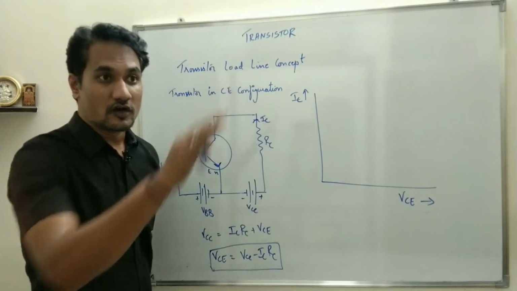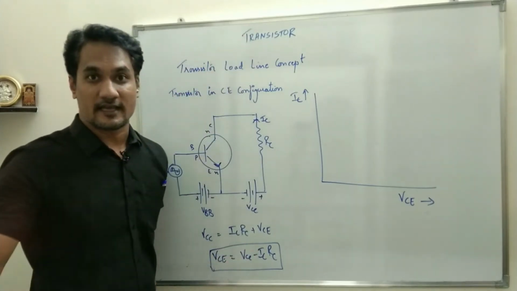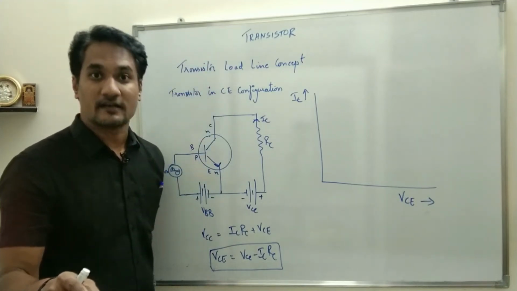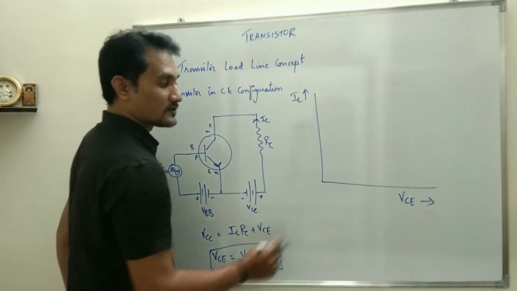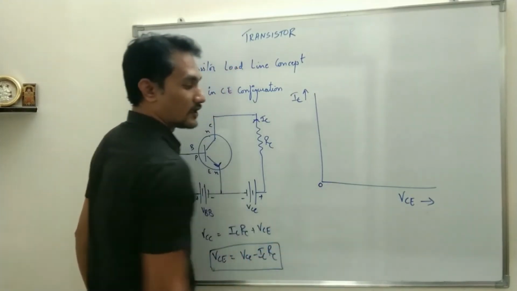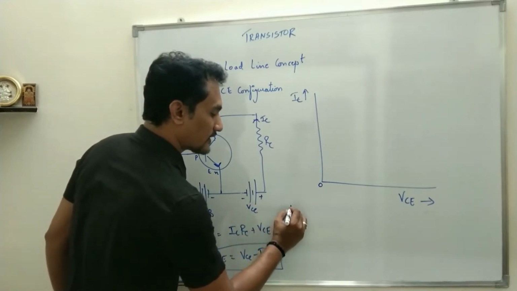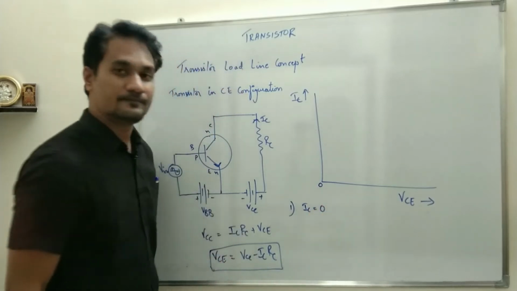When you draw a graph for VCE and IC, it will be a straight line, a linear graph, and to obtain a straight line we need two points, one on the x-axis and one on the y-axis. For that, in the first case, I will make IC equal to 0.